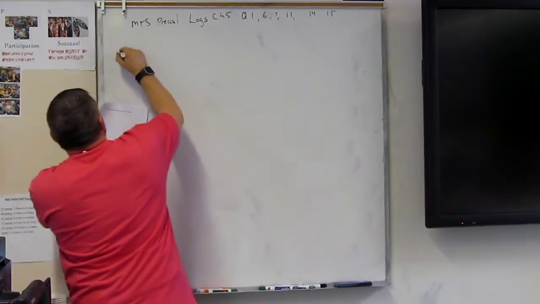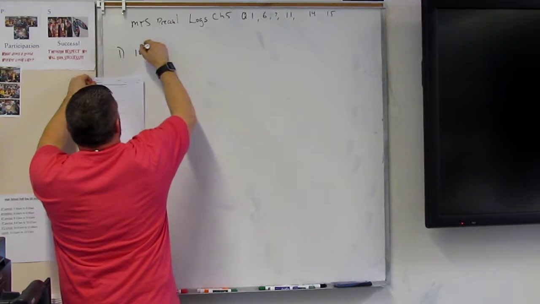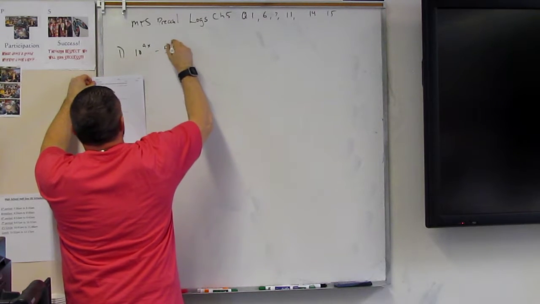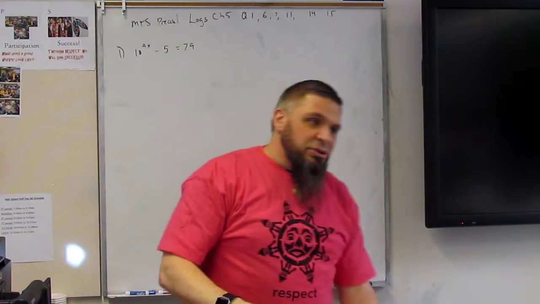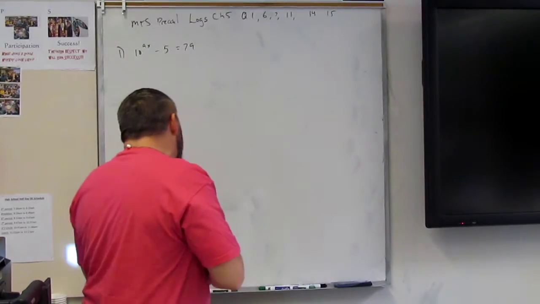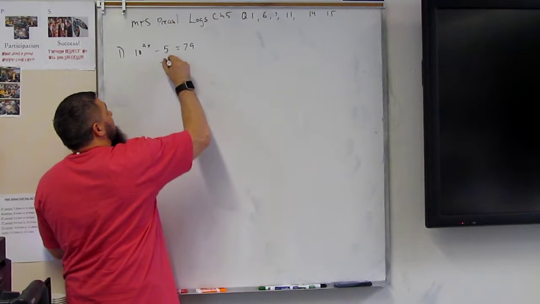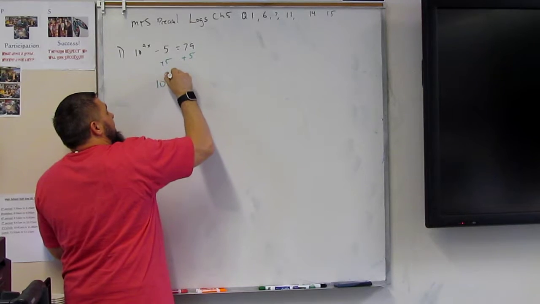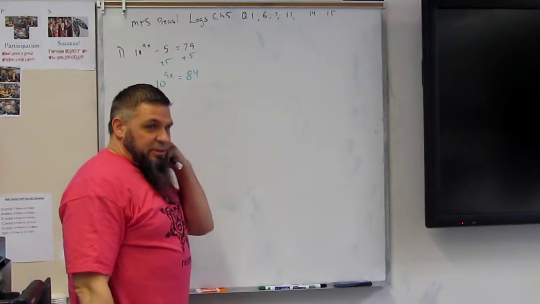Number 1 is 10 to the 9x minus 5 is equal to 79. You should know that I'm going to just add 5 to both sides. So I get 10 to the 9x is equal to 84. That's in exponential form.